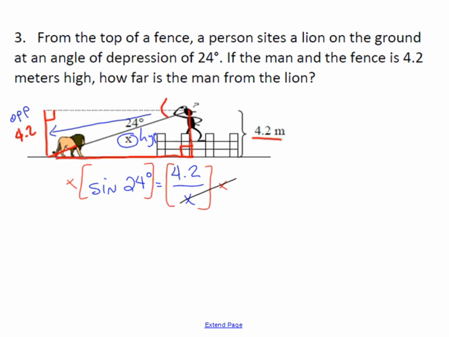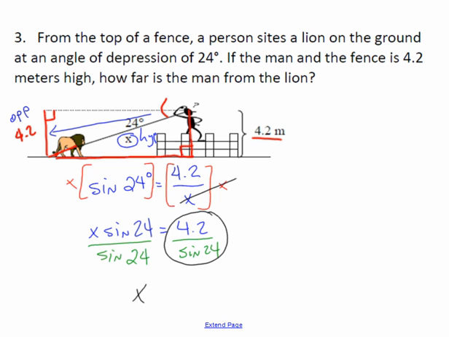So I now have x sine 24 is equal to 4.2. Then I would divide both sides by the sine of 24.